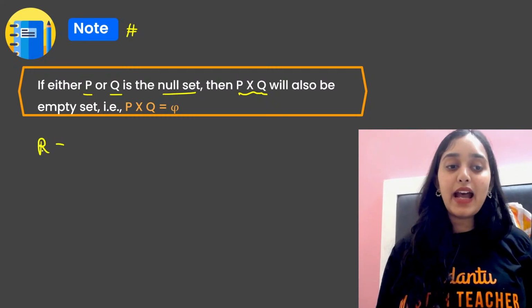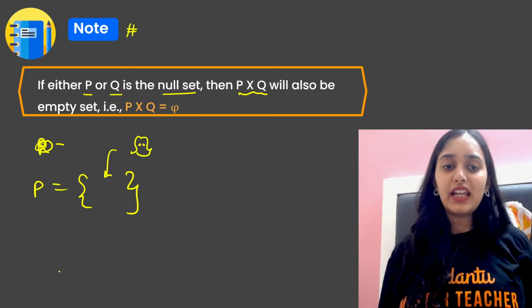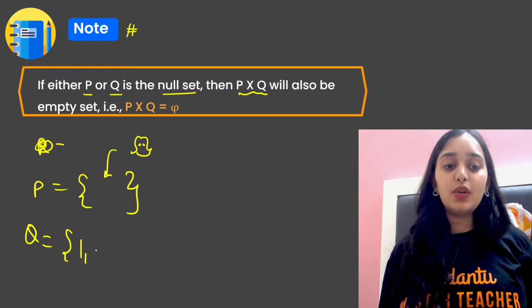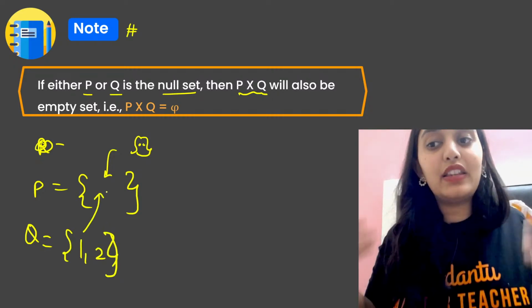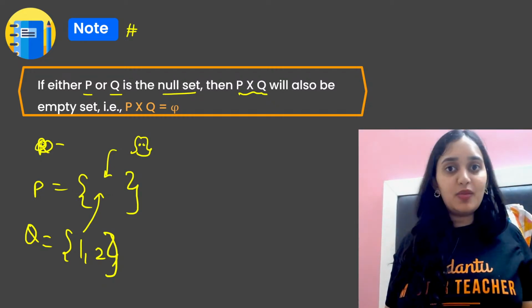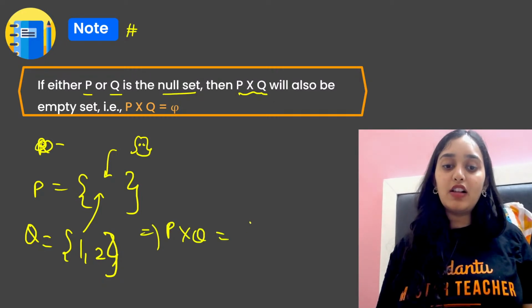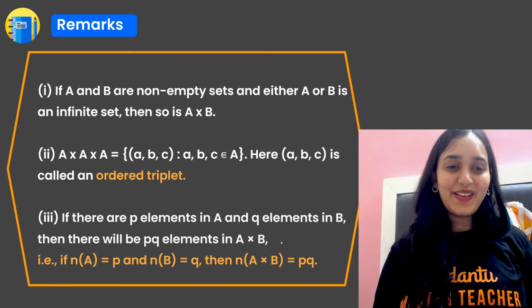Say my P set contains nothing, and the Q set contains two elements. How can you form a pair with nothing? Not possible, right? Therefore, P cross Q will also be a null set. It will not contain anything.